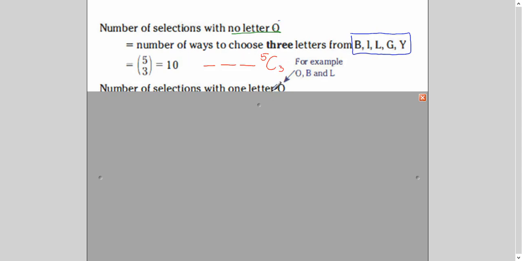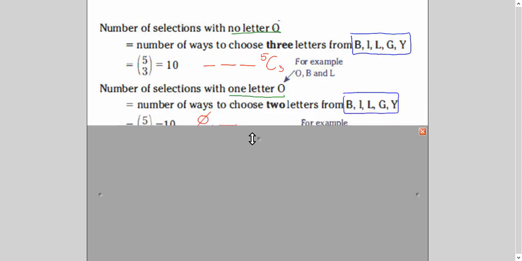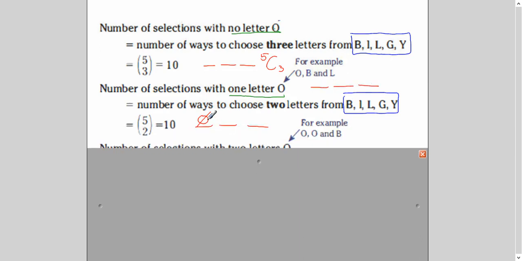Now you are taking a case when you have 1 letter O. So that place is gone. You need remaining 2 letters out of these letters. So it will be what? 5C2. So you will get the answer here also.